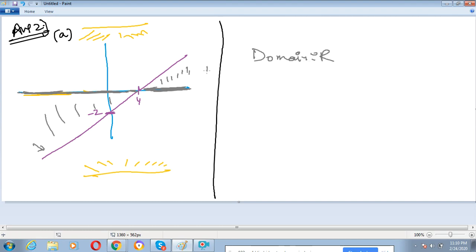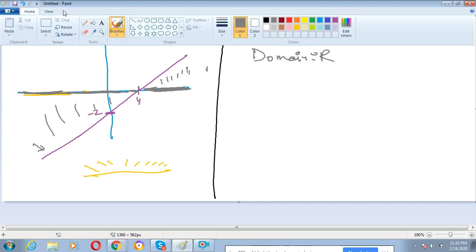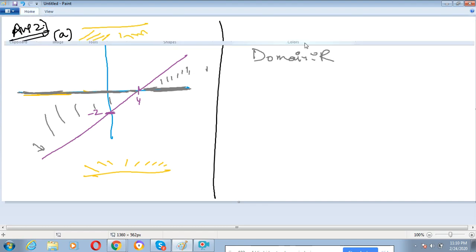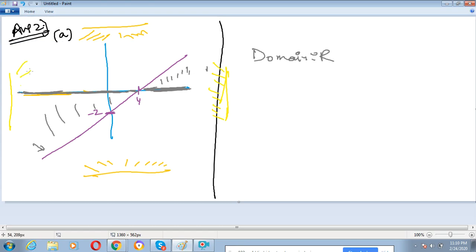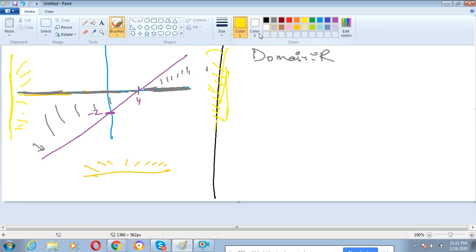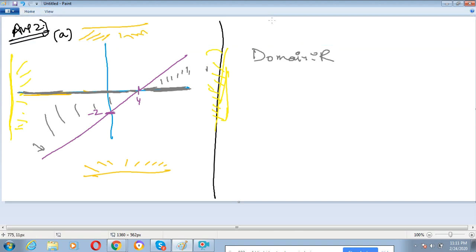Same thing I do on the y-axis. If I draw a beam of light, where will the shadow fall?